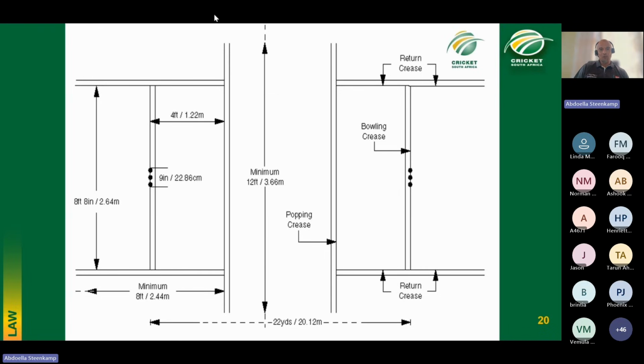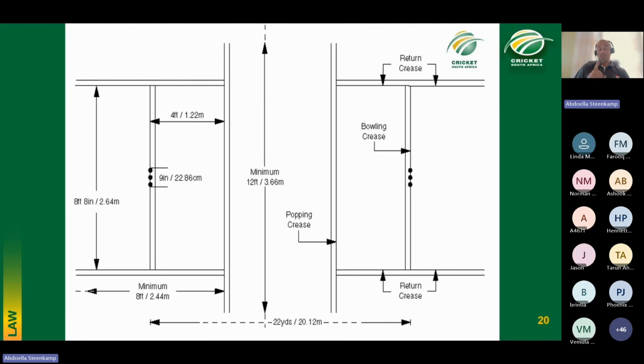If the arrow in your pic in the exam starts here and it ends right on the other side, then they're looking for the full length of your popping crease. Similarly, your bowling crease. If the arrow in your pic in the exam starts from the back edge of the one return crease up until the back edge of the other return crease, they're looking for the full length of the bowling crease, which is 2.64 meters.